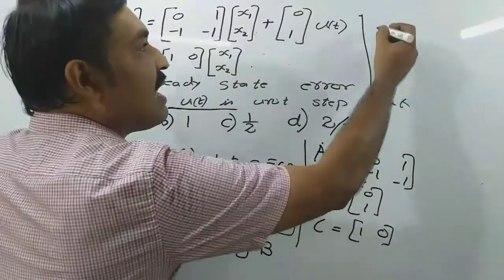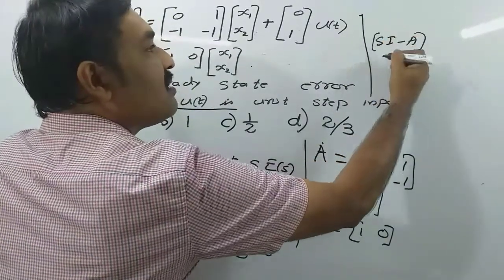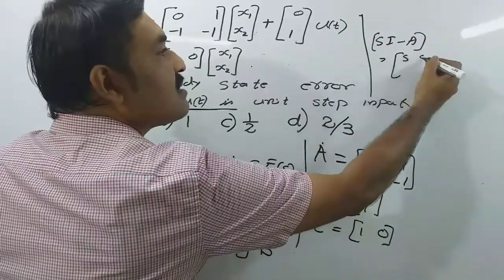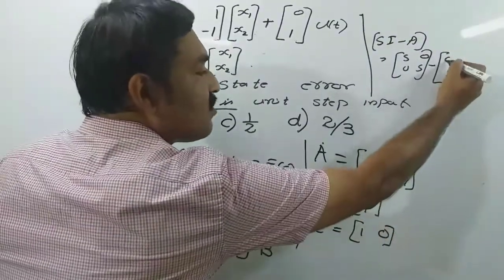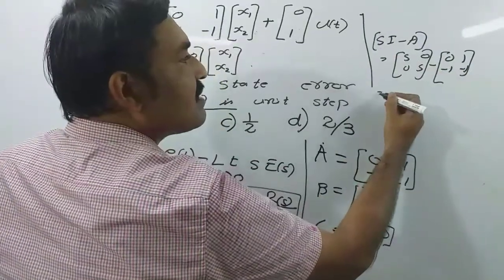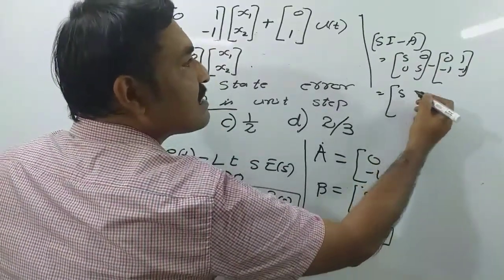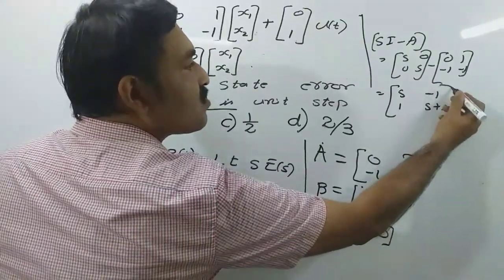We can write sI minus A. This is equal to [s, 0; 0, s] minus our A matrix, that is [0, 1; -1, -1]. This is equal to [s, -1; 1, s+1].